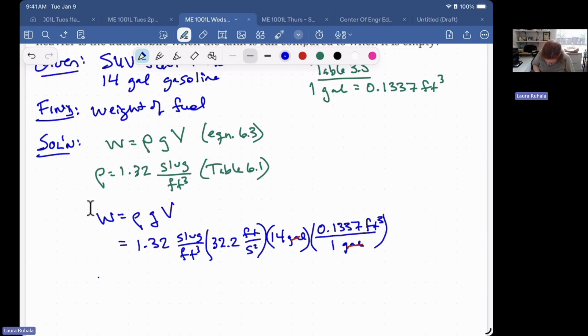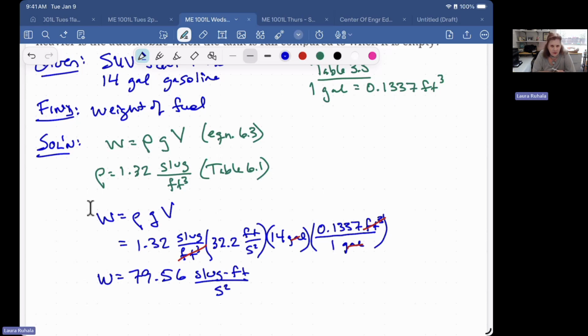79.56. So the weight is equal to 79.56. What are my units? Okay, so I'm hoping I get weight in pounds, right? But not necessarily. Let's see what we've got. First off, I see that foot cubed on the end will cross out with the foot cubed that was in the beginning. That is all I can cross out. So the units here are slug foot per second squared.